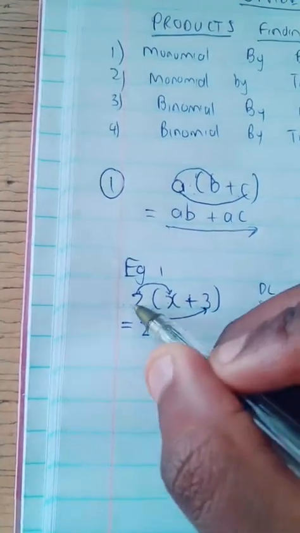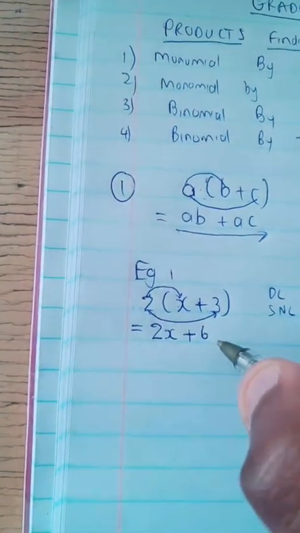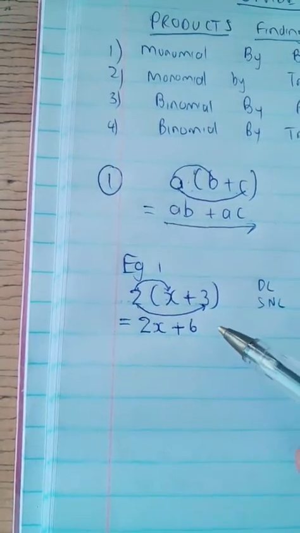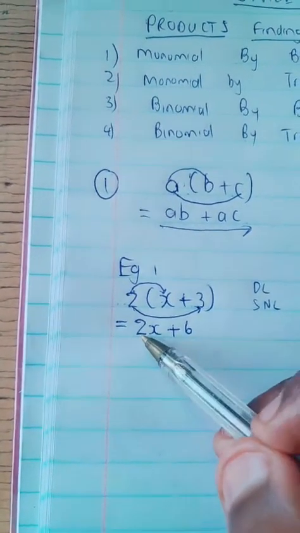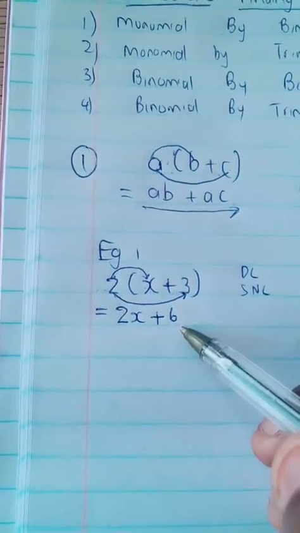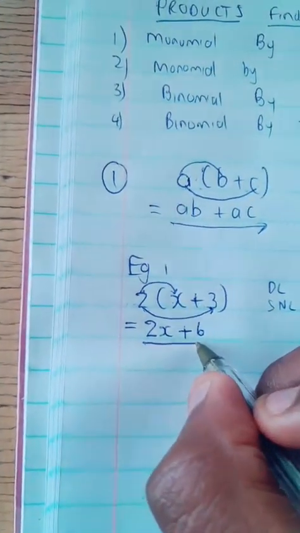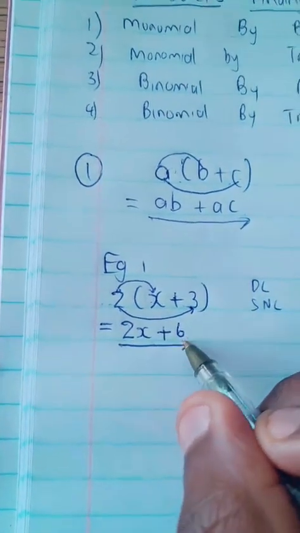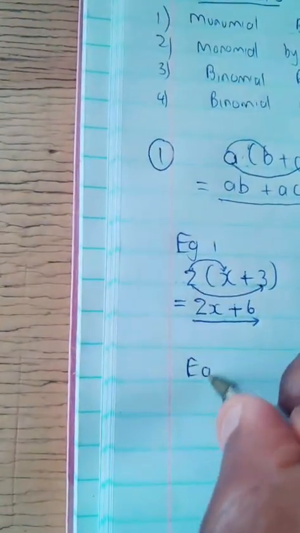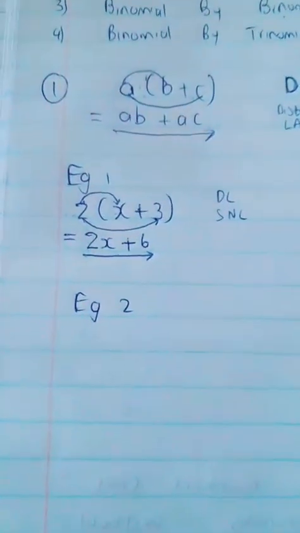Number: 2 times 3 is 6. There's no letter, so there's no need for us to write any letters. So the answer is 2x plus 6. Are these like terms? No, they are unlike terms, so our answer is 2x plus 6. We cannot add or subtract unlike terms. Example 2.